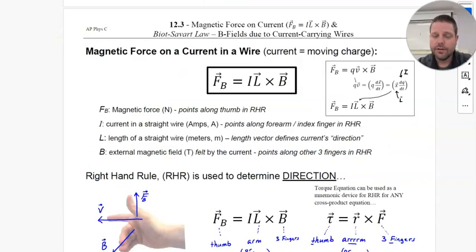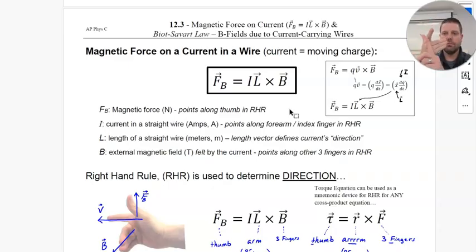Instead of a moving charge that's just moving through space, we often have moving charges that make up a current that's in a piece of wire. So we showed where this moving charge equation can be derived into the current in a wire, but it's still the same cross product, and you can think of it exactly the same thing.